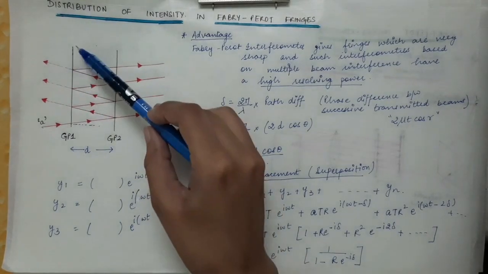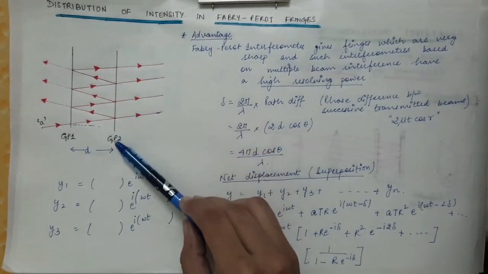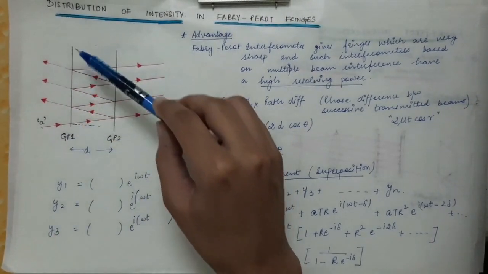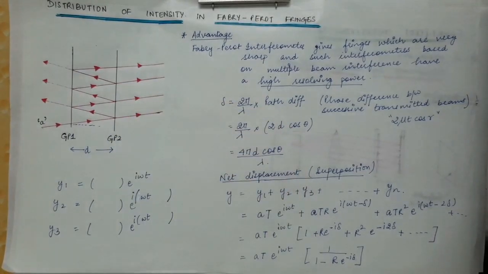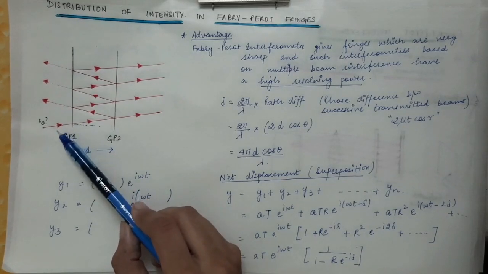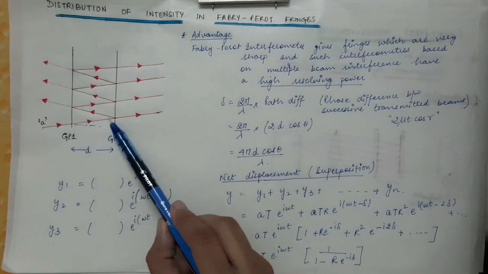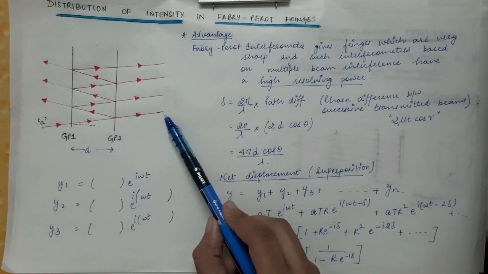Here I have shown the first glass plate, GP1, and the second glass plate, GP2. These are the metallic coatings which are done on the inner side of the glass plates. There is an incident ray which comes from the extended source, and this incident ray gets reflected at this point as well as partially transmitted.